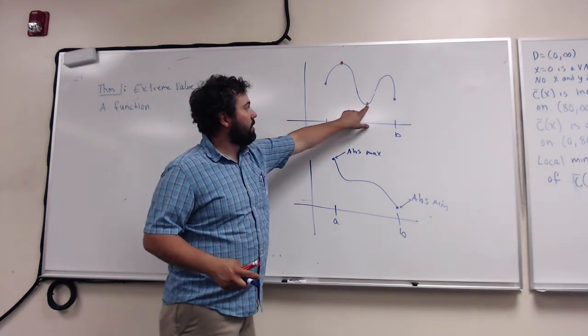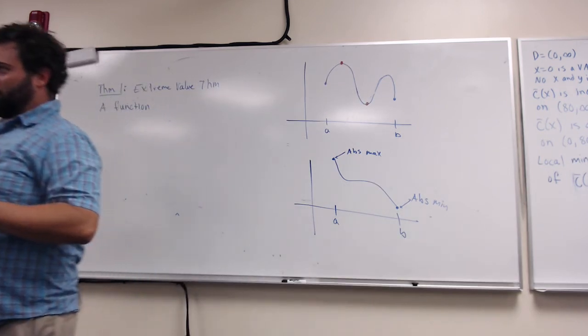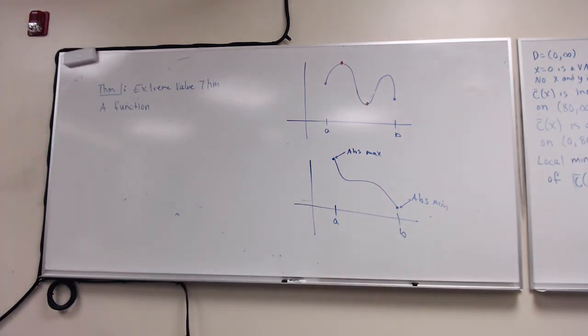In the previous one, where you have horizontal tangent lines is where you have the max or min. But the point is, if you're on a closed interval and your function is continuous, there has to be an absolute maximum and an absolute minimum. There's not going to be any weird things like asymptotes where the graph goes up forever.